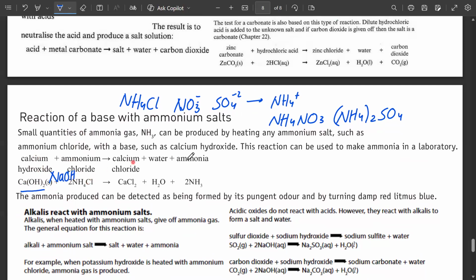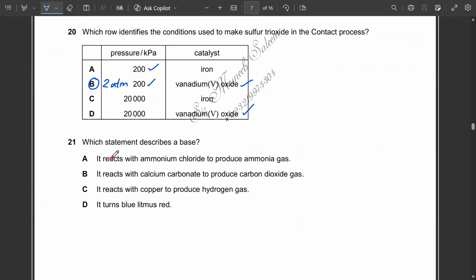As a result of this, there is the formation of ammonia gas. Ammonia gas is produced as a result of the reaction. So the option says that when a base reacts with ammonium chloride, it produces the ammonia gas. So this seems to be the correct option.